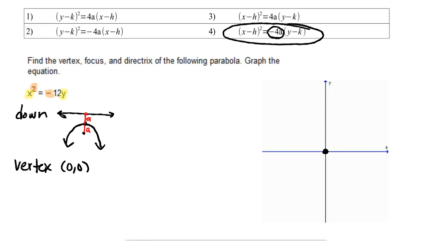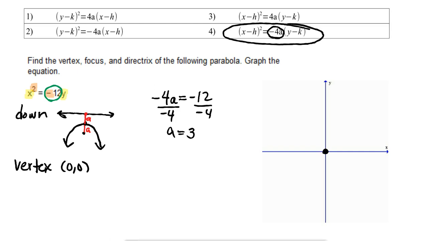So I need to figure out that value of a. So I'm going to take negative 4a and set it equal to the coefficient on this y, which is negative 12. I'll divide both sides by negative 4 and get a equals 3.